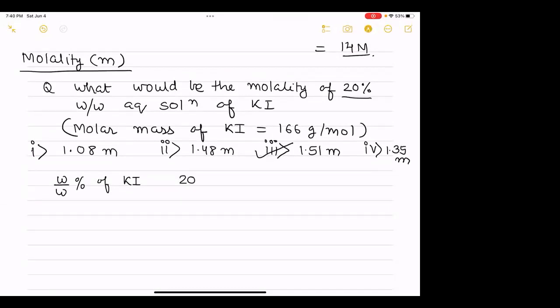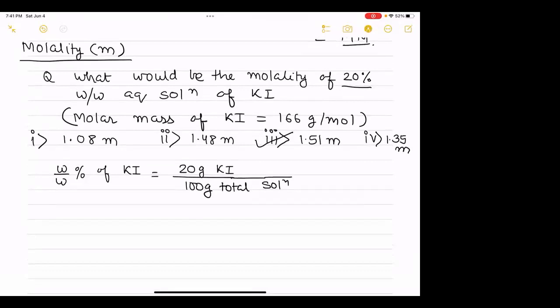So 20 grams of KI is there in 100 grams of total solution, right? That's what percentage means, out of 100.